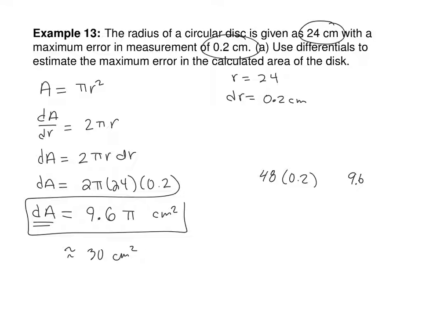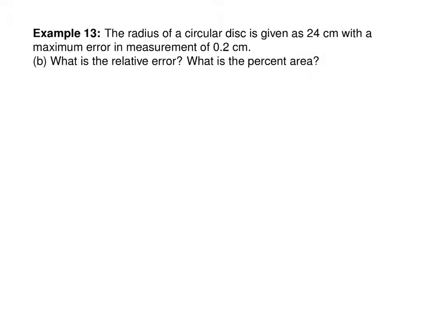Okay. Now what has a bit more meaning is how much that is relative to the whole thing, right? So the relative error is this dA over A. It's your error relative to the area found using that 24.